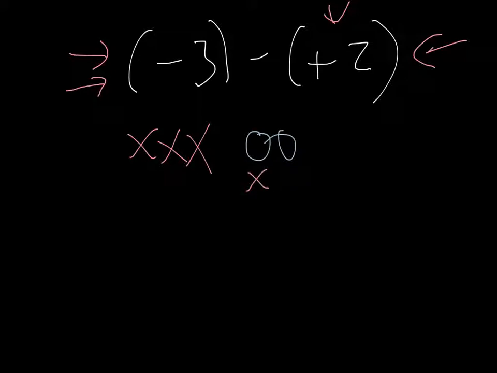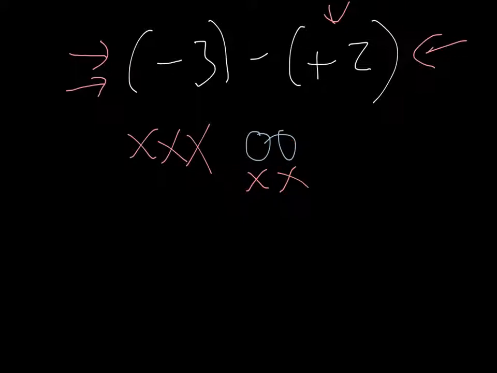I have to add zero pairs. All of this is negative 3, but also includes the 2 circles that I'm going to need. I know it's negative 3 because it's negative 1, negative 2, negative 3, plus 0, plus 0. Anything plus 0 stays the same, and these are zero pairs, which are worth nothing.